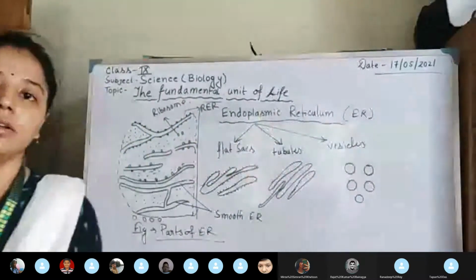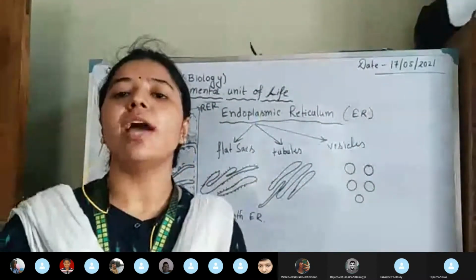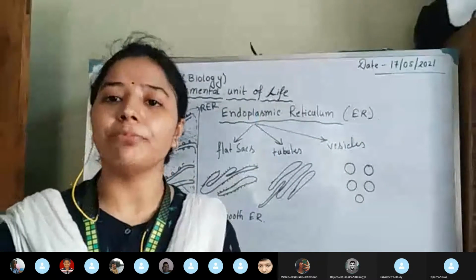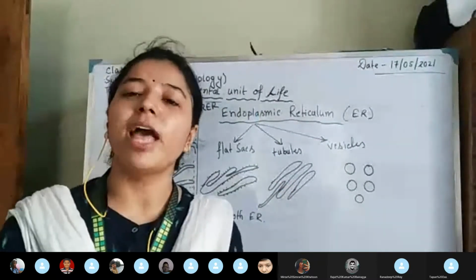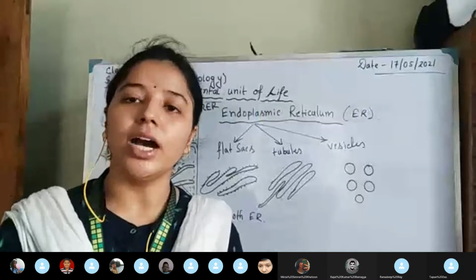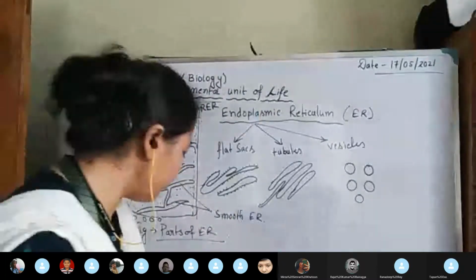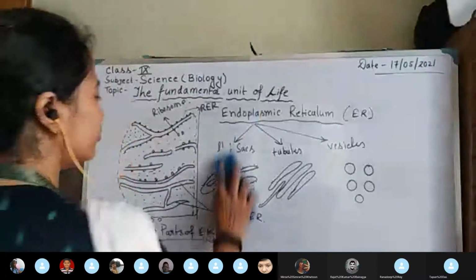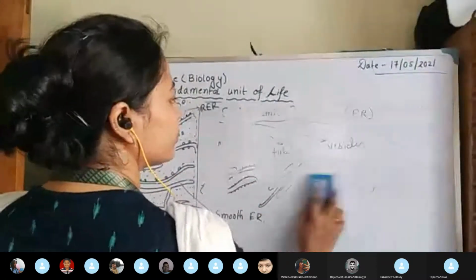Did you get this? Okay. Now, as we have learned, there are two types of endoplasmic reticulum, and these two types have two different functions. What is the function of SER and what is the function of RER? Let us come to know.